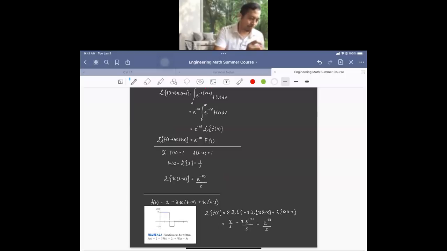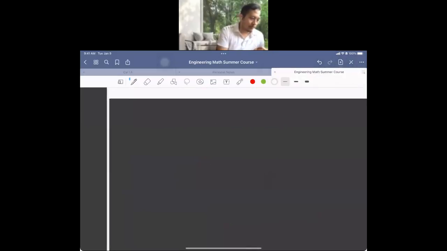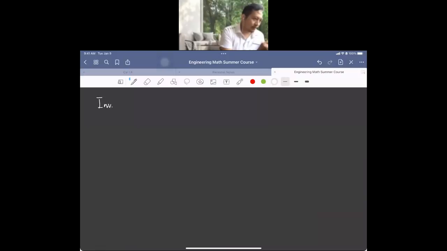Okay, let me give you another theorem, the inverse form.